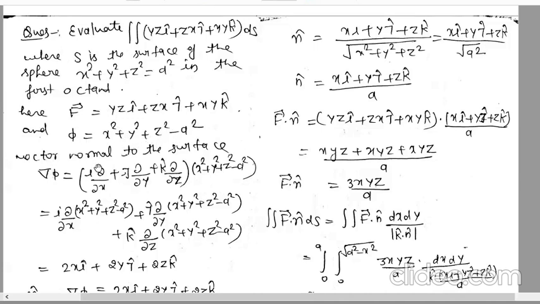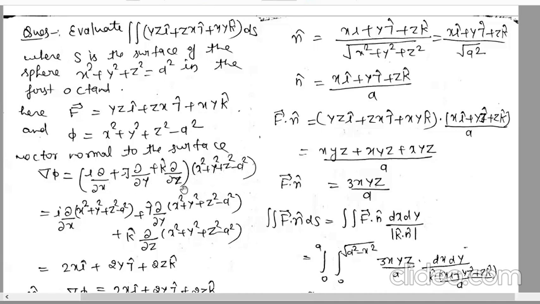Now the vector normal to the surface. So we need to calculate the normal vector here. We will calculate gradient of phi for the normal to the surface. So gradient of phi is equal to i del upon del x plus j del upon del y plus k del upon del z, applied to phi, meaning x square plus y square plus z square minus a square.